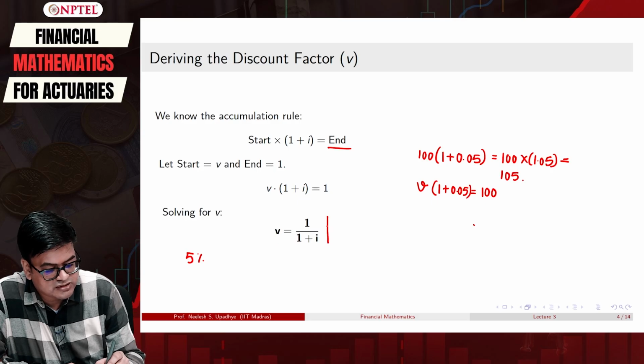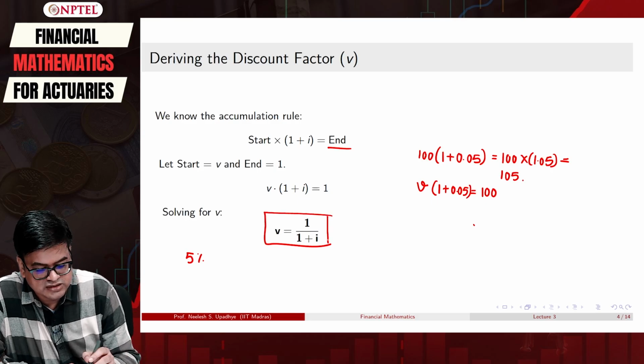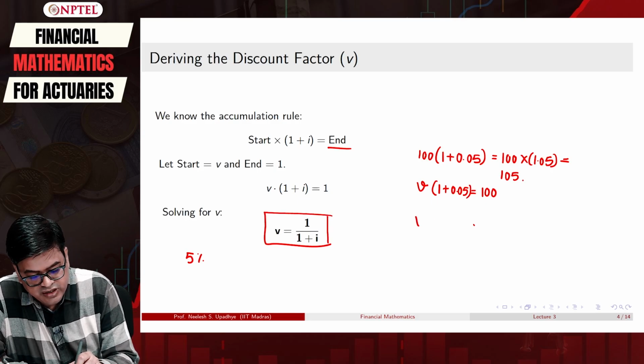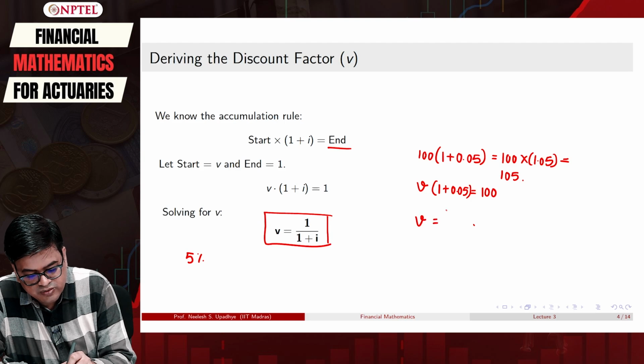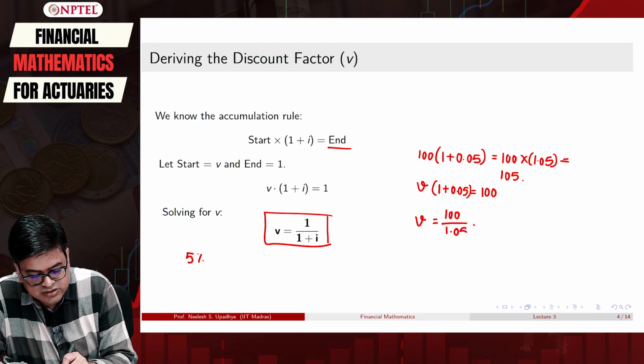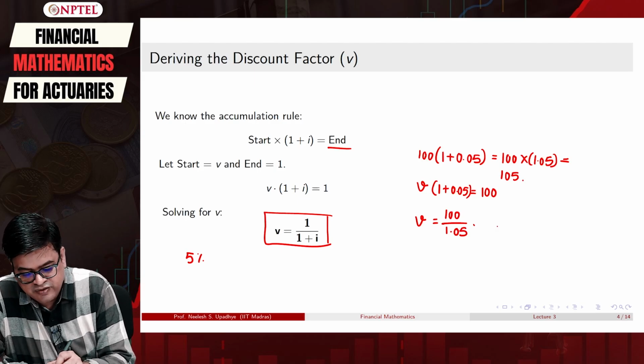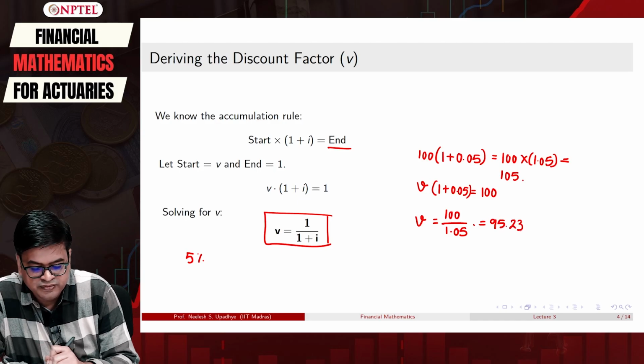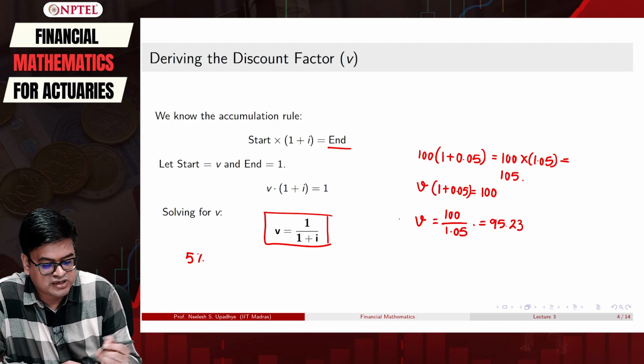This particular thing gives me the answer that my V will be equal to 100 divided by 1.05, which you can get very easily from your calculator, and the answer is 95.23, right?